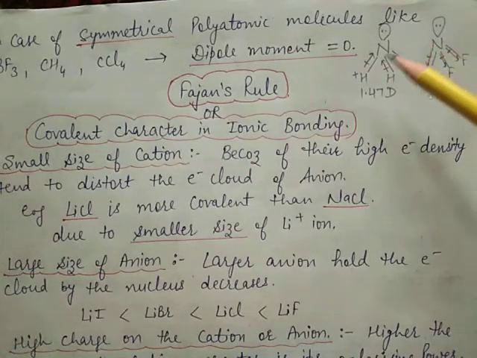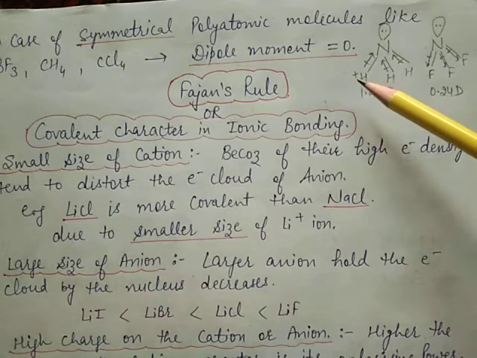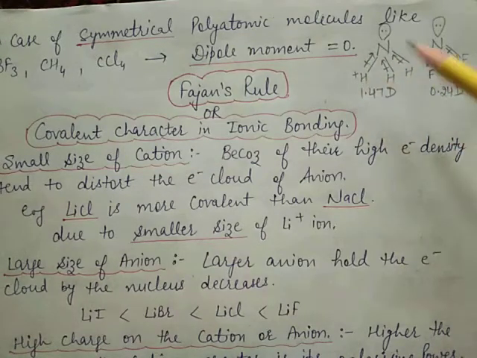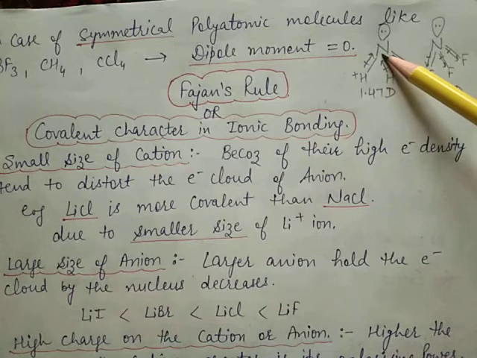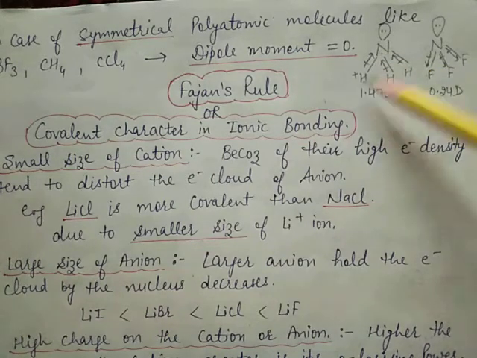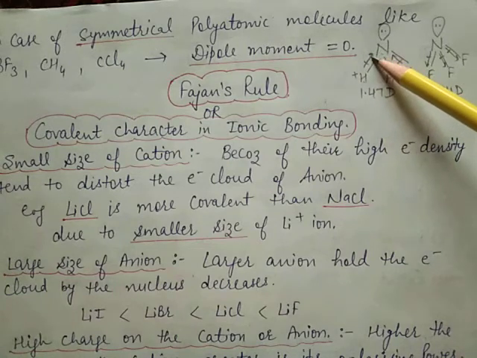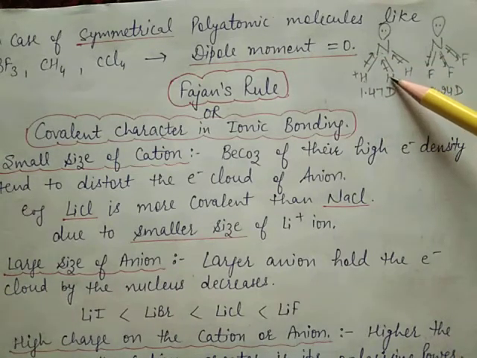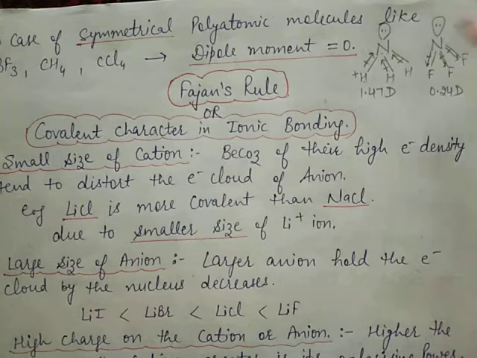The reason is this: the direction of dipole moment is positive to negative. So nitrogen is more electronegative as compared to hydrogen. So the direction is this side, the nitrogen side. So the direction is positive to negative.